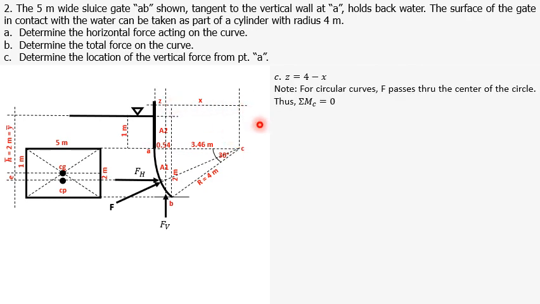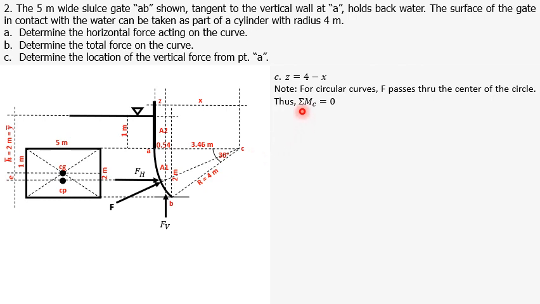Here you do note that for circular curves, F passes through the center of the circle, which is at point C. And if F passes through the center at point C, the moment at point C is equal to 0. Because if the force passes through the point where you are taking moment at, the moment is equal to 0.